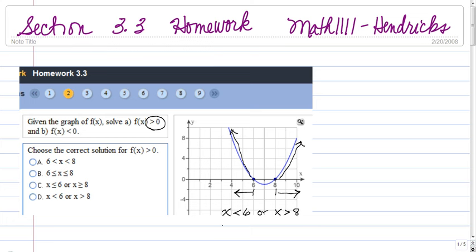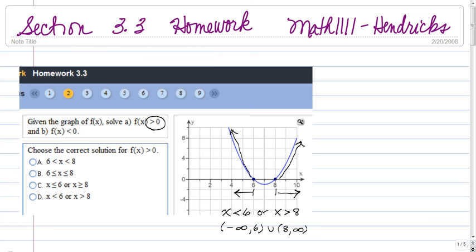Now in interval notation that would be written as negative infinity to 6 union 8 to infinity. Okay. Now where is it less than 0?